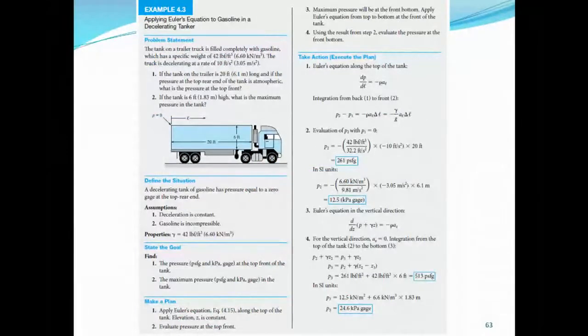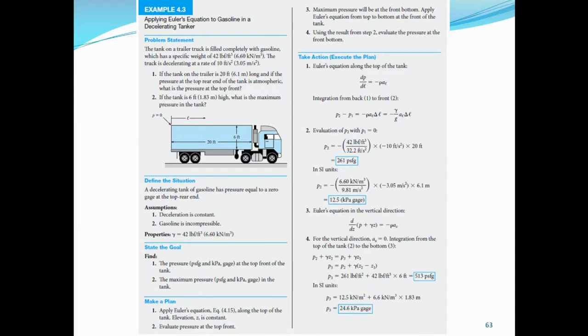Now, this is another example in which we'll apply the Euler's equation. It says, the tank on a trailer truck is filled completely with gasoline. This is a tank, a trailer which is carrying oil.